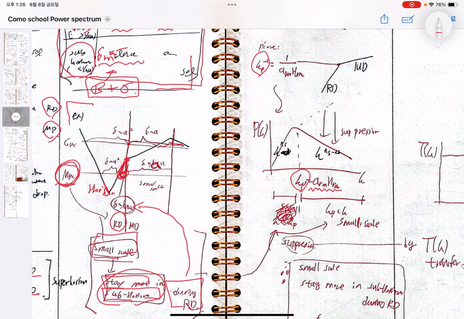This makes different behaviors around that value. So at high k, in the small scale, there is evolution with the logarithm. So this makes a suppression.